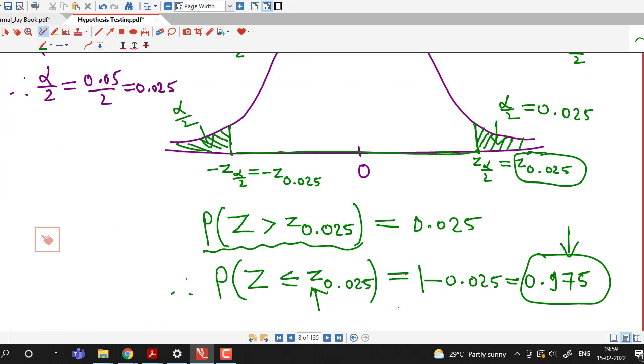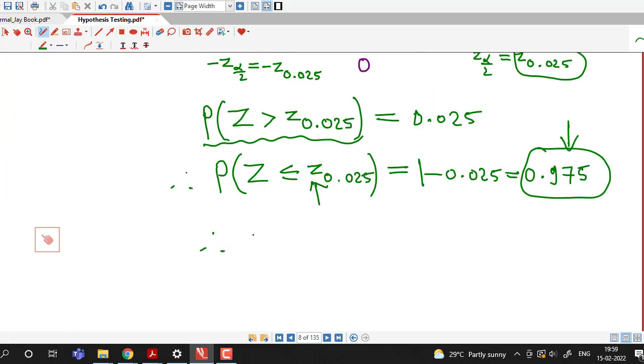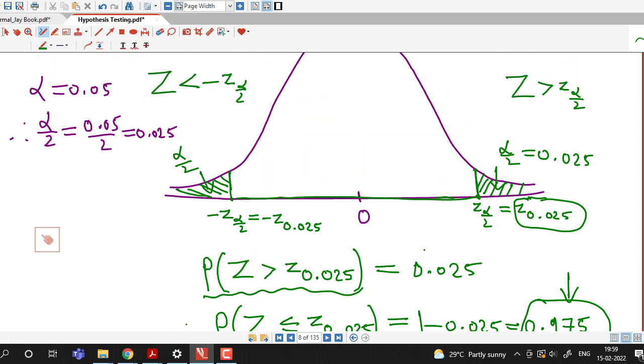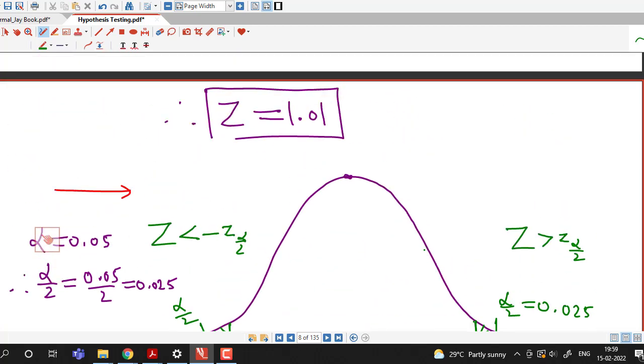Therefore Z suffix 0.025 is 1.96. So if this critical value of Z is not given in the question, you can easily decide it from the cumulative probability table.